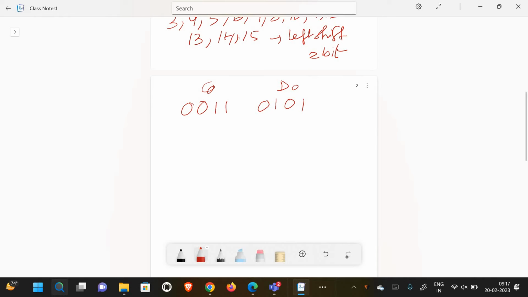This is just an example. Now this goes through the randomizer part. If it is the first round, then there will be one left shift for both C0 and D0. That means it will be 0110 and this will be 1010. That means this is being left shifted over here.